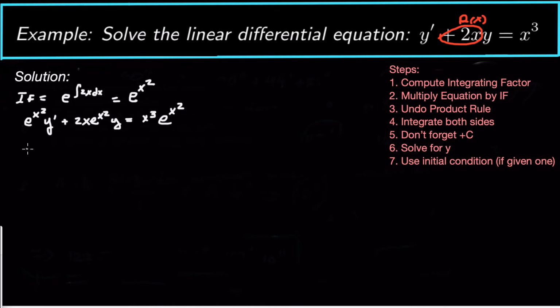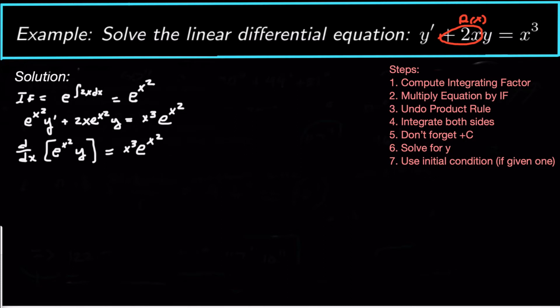On the left, we undo the product rule, we get d by dx of, always, the integrating factor e to the x squared times, in this case, y, equals x cubed e to the x squared. So we undid the product rule on the left, right-hand side is unchanged.